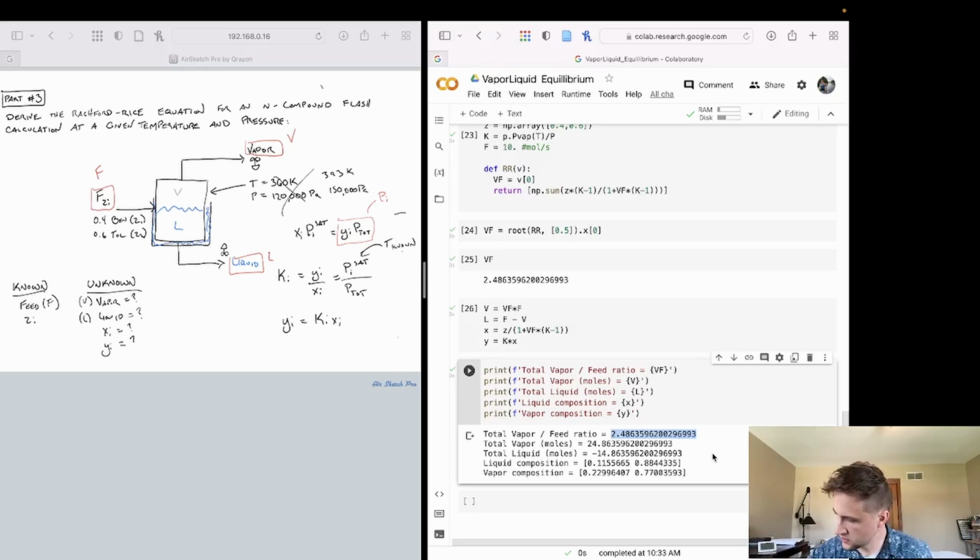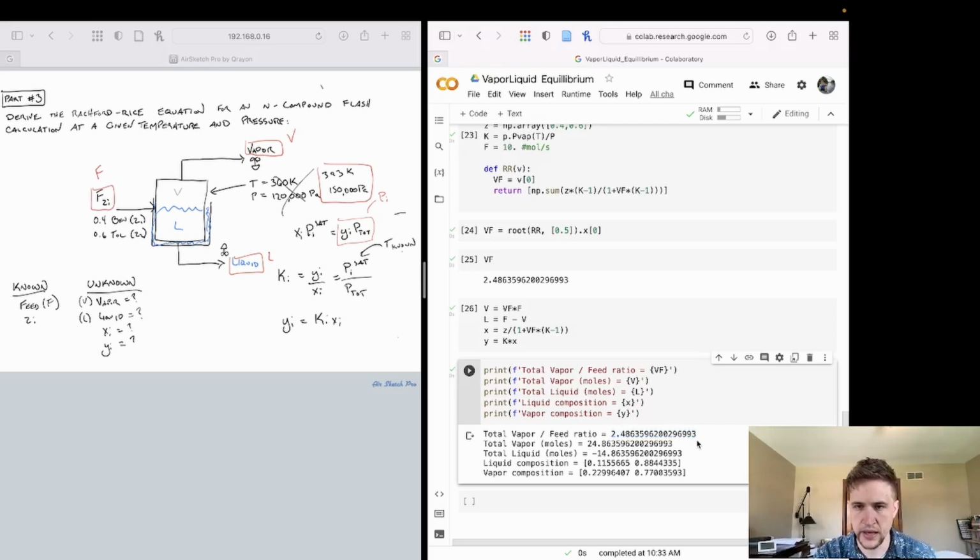So at these new given parameters, does separation occur? Well, we see it doesn't with the values that we've given. It's just showing that at that temperature and pressure, it's all leaving as vapor. It's all leaving the flash drum as vapor.